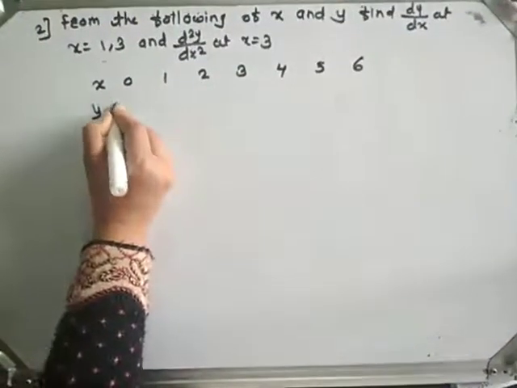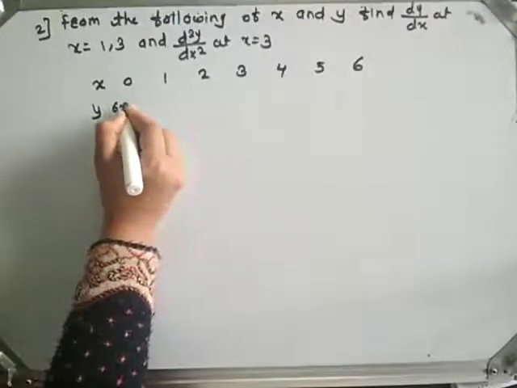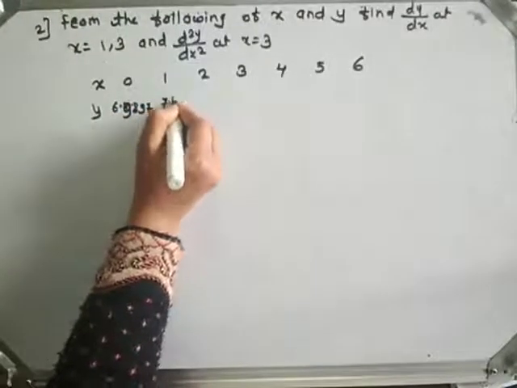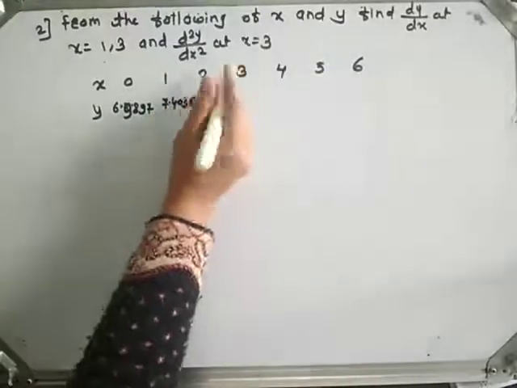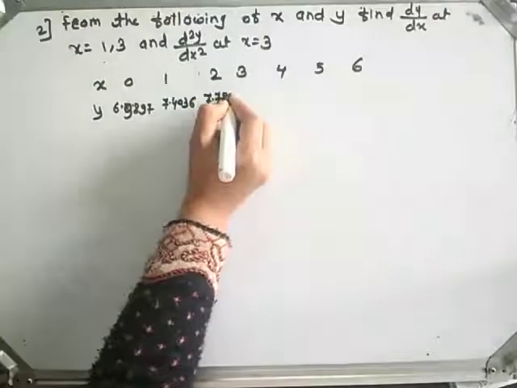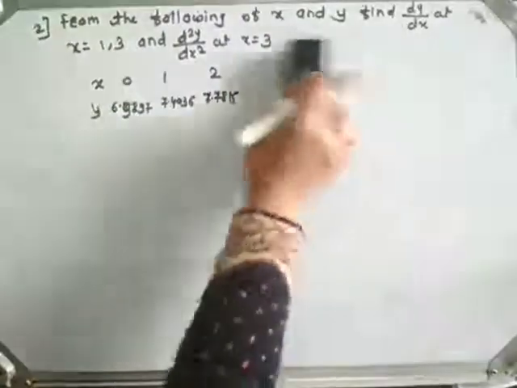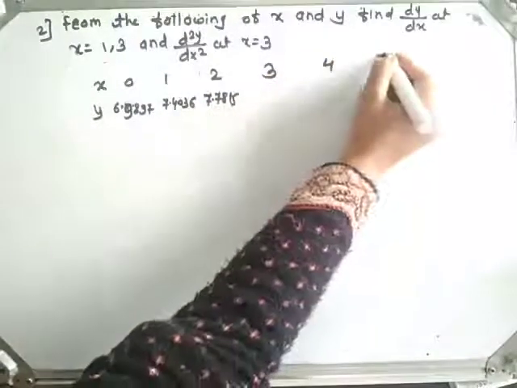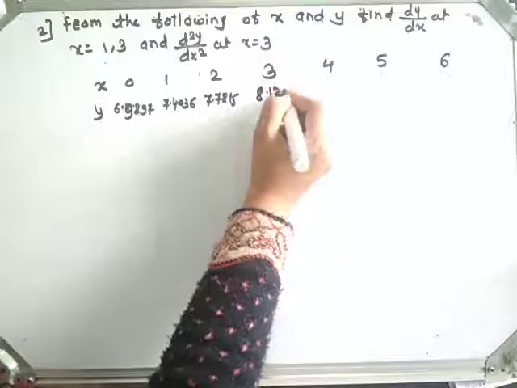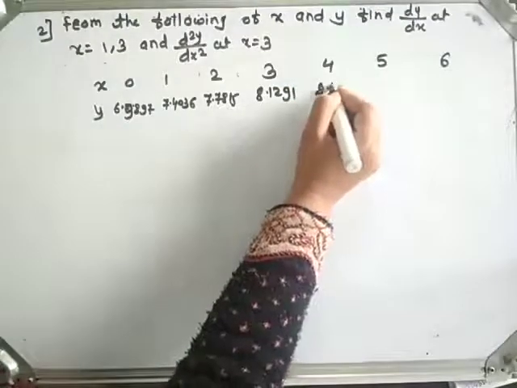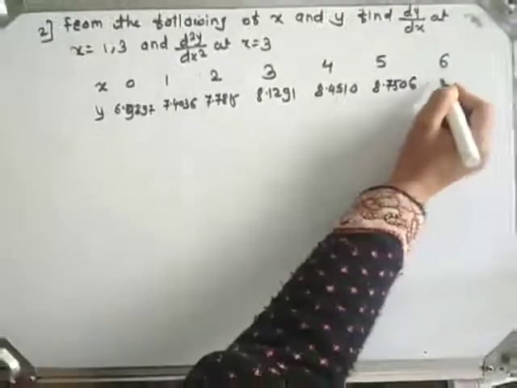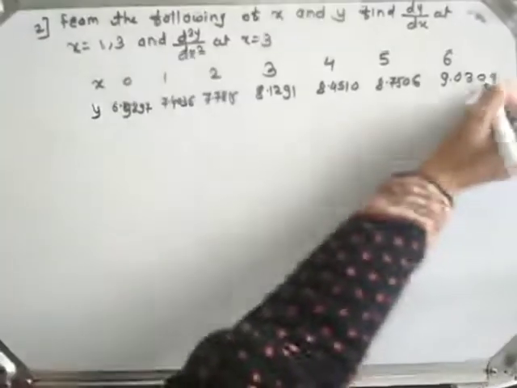Y is 6.9897 here, 7.4036 for 2, and the value of y is 7.7815, then for 3, 4, 5 and 6 the values are 8.1291, 8.4510, 8.7506, 9.0309. Okay.